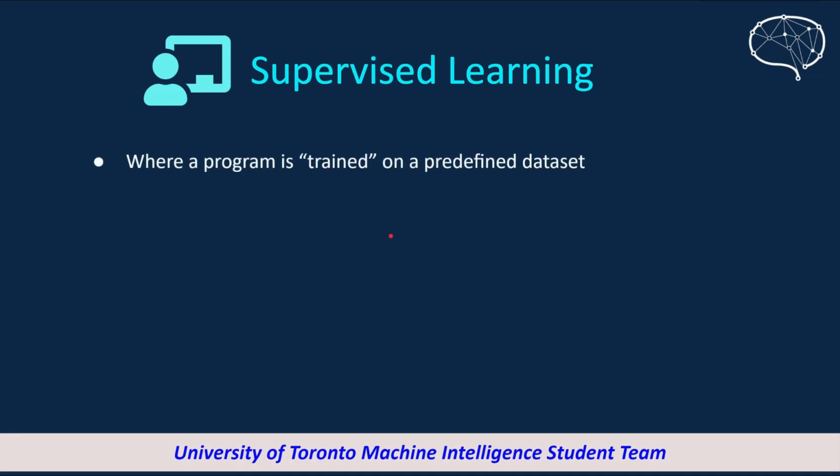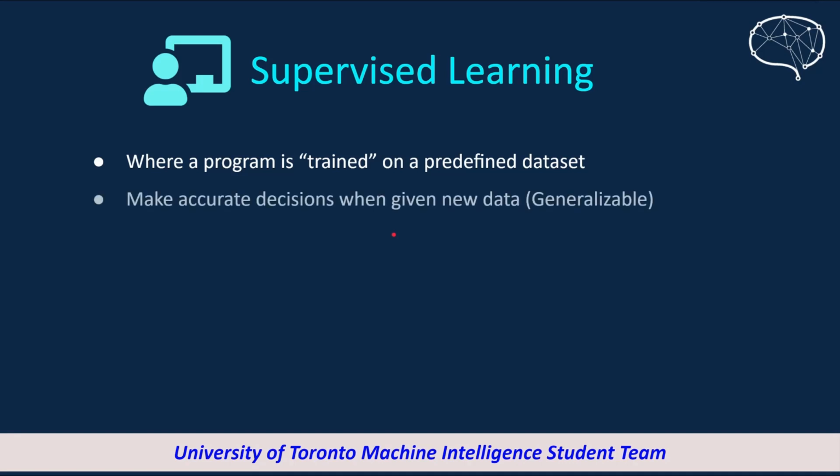Okay, so supervised learning is where a program is trained on a predefined dataset. Based off its training data, the program can make accurate decisions when given new data. Supervised learning is a machine learning task of learning a function that maps an input to an output based on example input-output pairs.